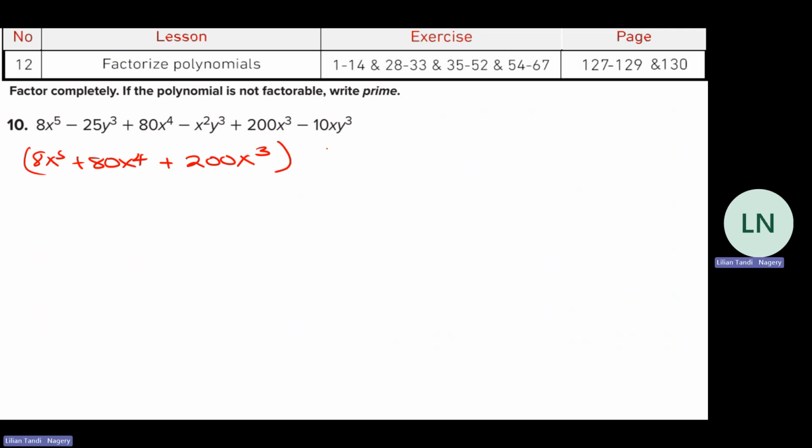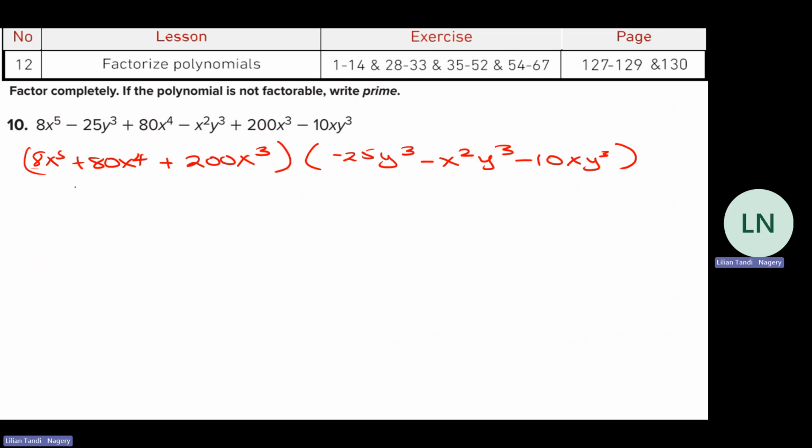And put your y's together: negative 25y cubed minus x squared y cubed minus 10xy cubed.